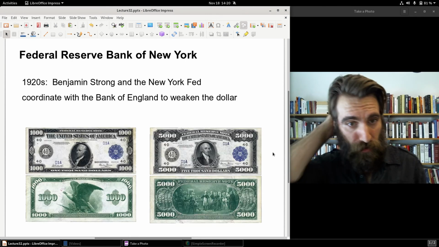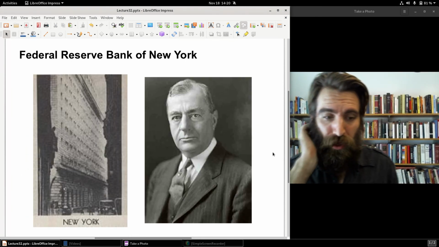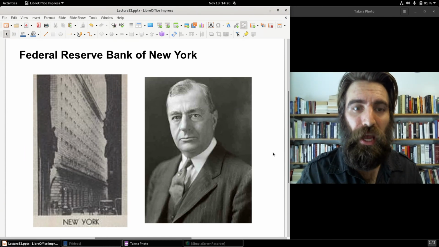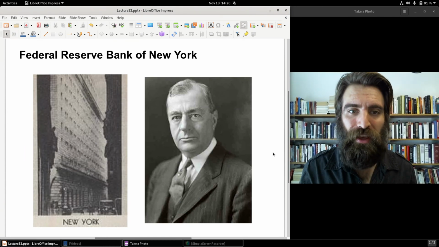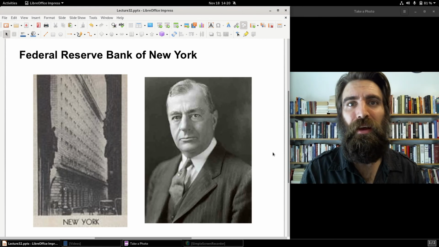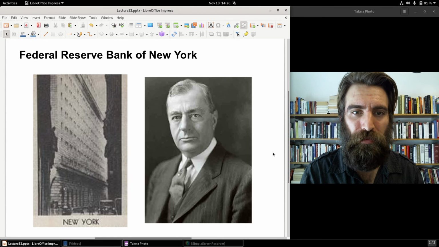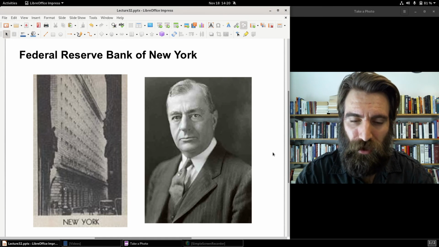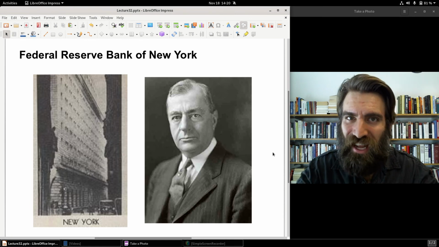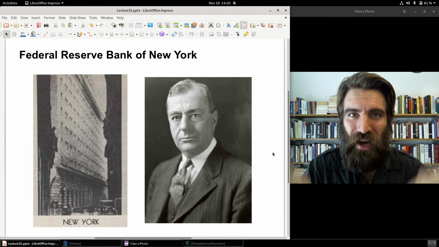In fact, in 1927, there was a private meeting between Benjamin Strong Jr. and the head of the Bank of England. And Benjamin Strong actually agreed at that meeting to lower the discount rate at the New York Fed as a way to give some support to the British pound by devaluing the dollar just a little bit.